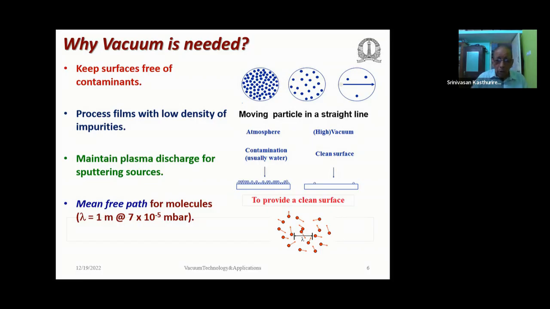Now, if I take a surface, you see here I have a surface, and if I have very large number of molecules on the surface, you see the surface is contaminated with the large number of molecules. It can be, for example, a clean metallic plate on which water is there. So water is a contaminant of the surface of a plate.